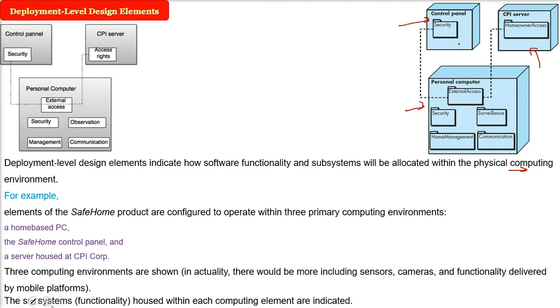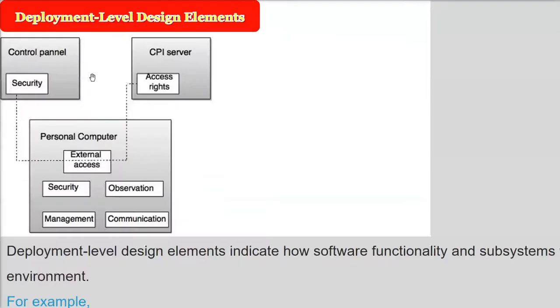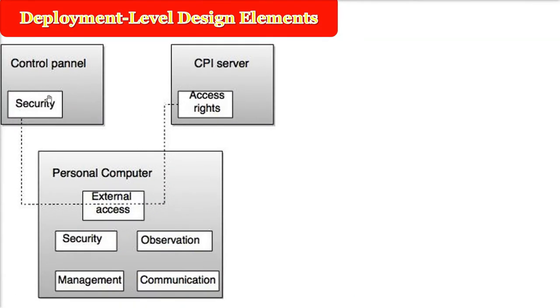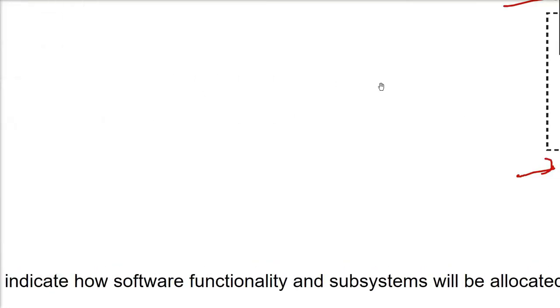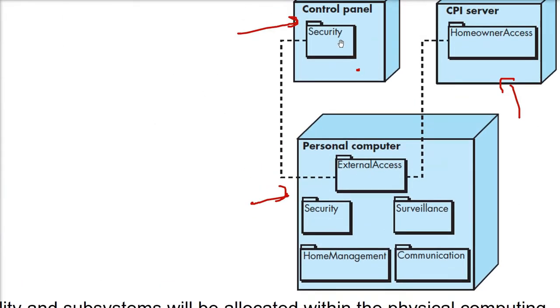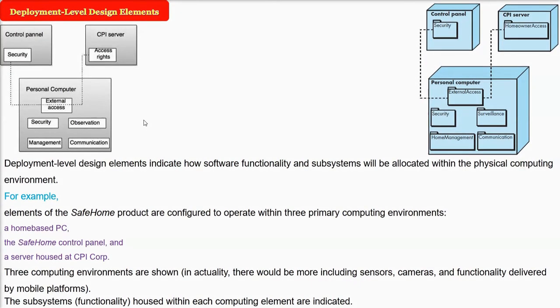These are indicated here. So I'll just show you how this control panel will have security. The CPI server will have access rights. The PC will have external access, security, observation, management, communication. So all these are shown as a kind of directory, but these are actually part of the deployment. I'll give an example of that.